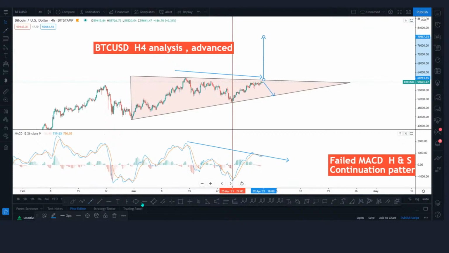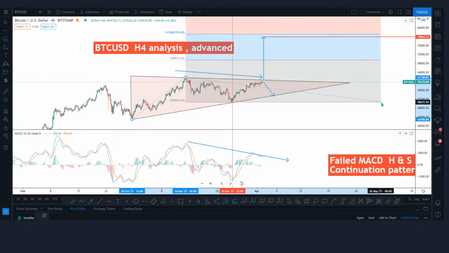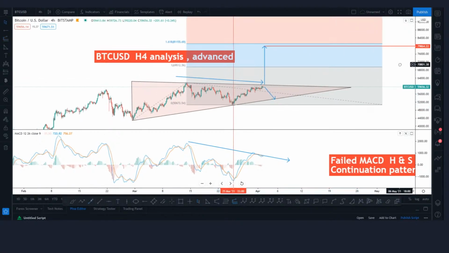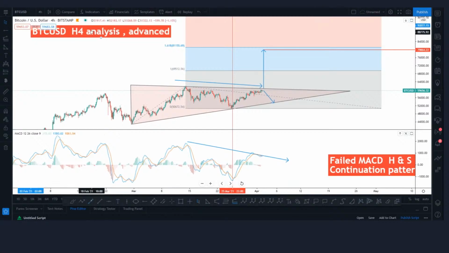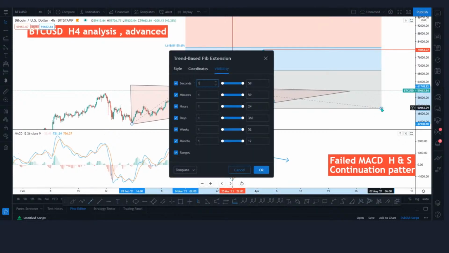So this will shoot up possibly to the 79 area or so. Another way to catch the targets is to get the Fibo extension tool. You just catch this from here to there to there, and you get some of the ratios right here.